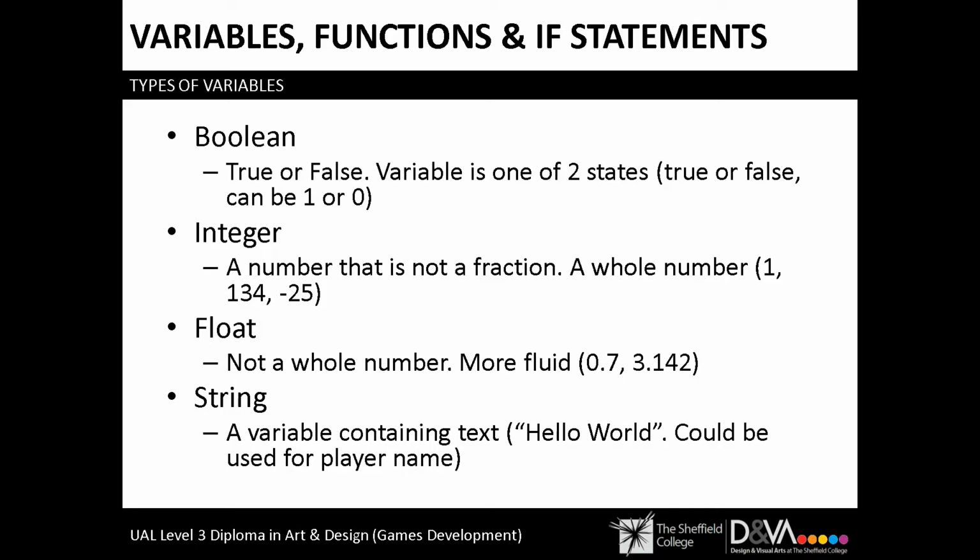For example, when we talked about the player's name being input into the game by the player and saved, that would be saved as a string variable because it is text that it needs to remember. The reason it has these differences is because in the game you can't add 10 onto a string variable, so they're all stuff that the game needs to remember, but they all work in different ways.